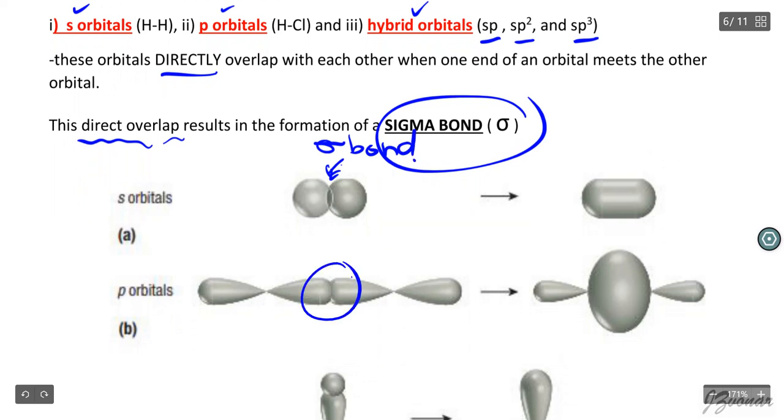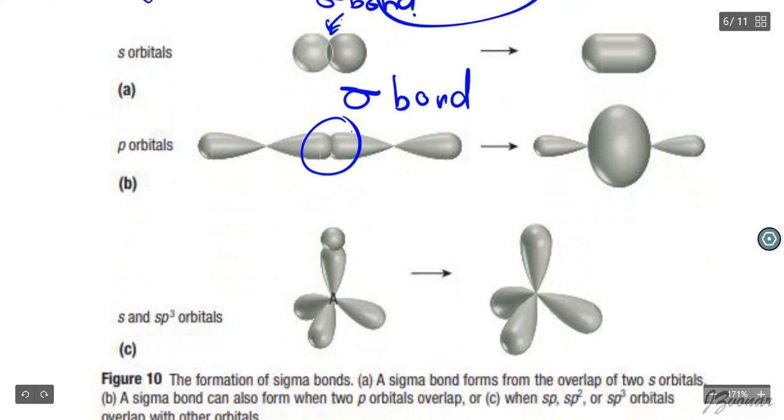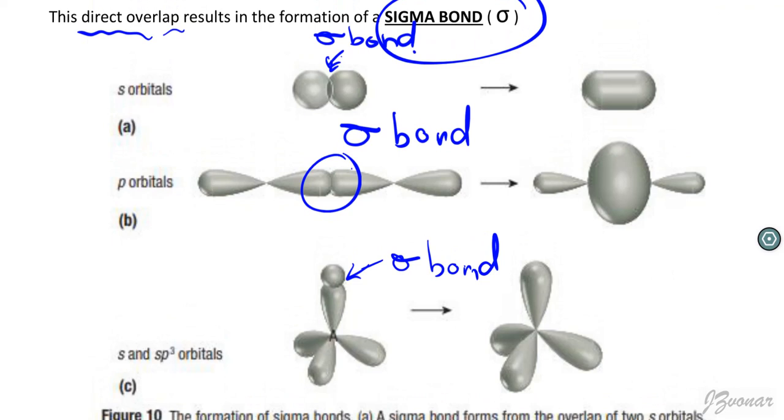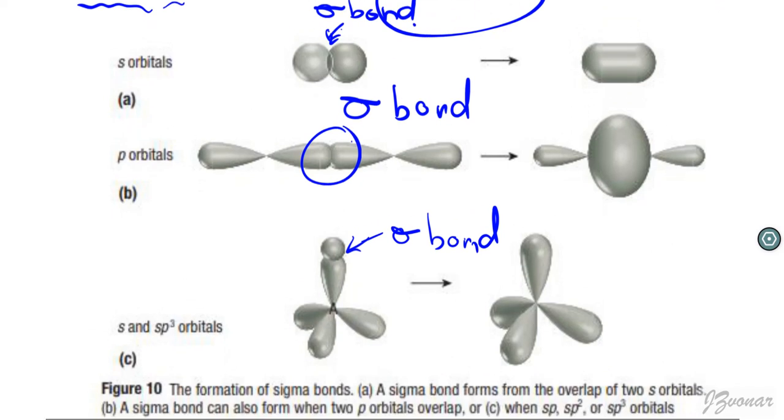The overlap of two p orbitals is also called a sigma bond. And the overlap of an s orbital of hydrogen and an sp3 orbital of, say, carbon is also considered a sigma bond. So these are all examples of sigma bonds, where we have the direct overlap between s and p orbitals and hybrid orbitals.